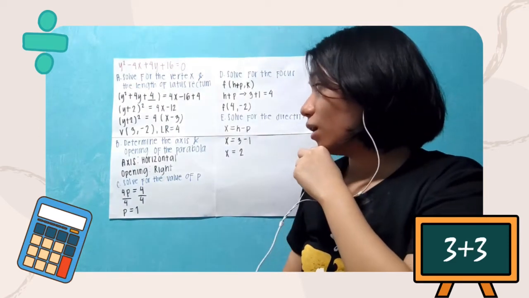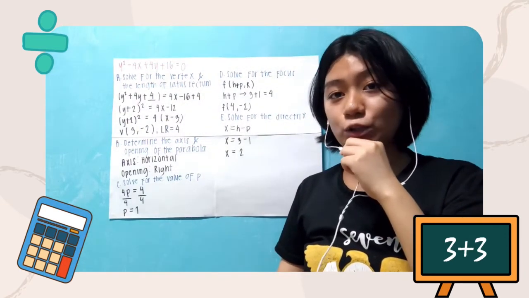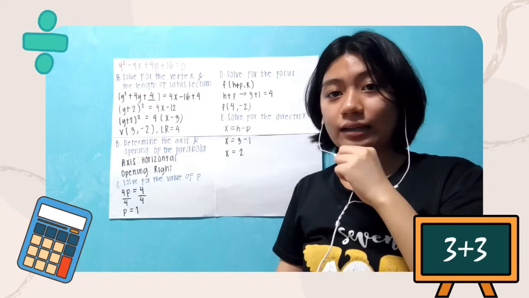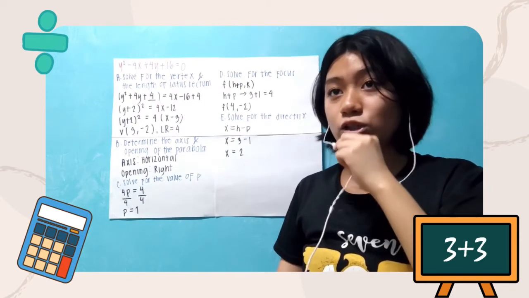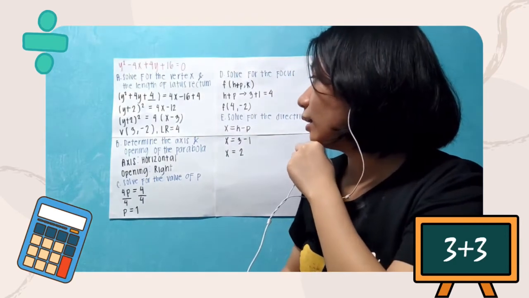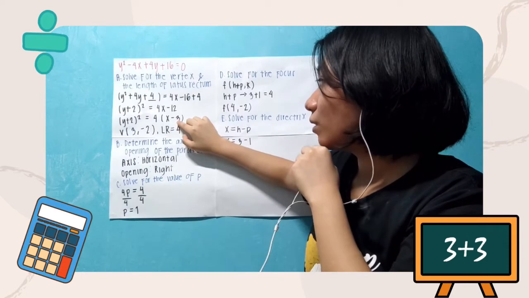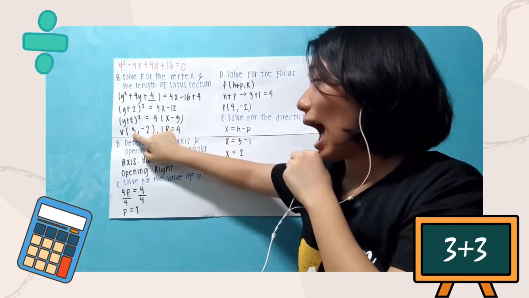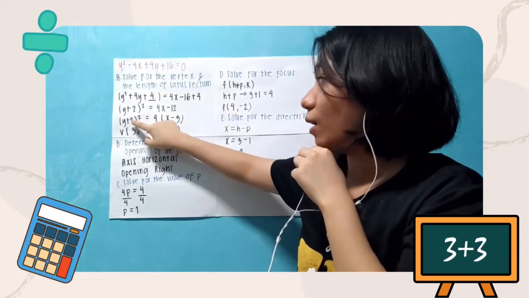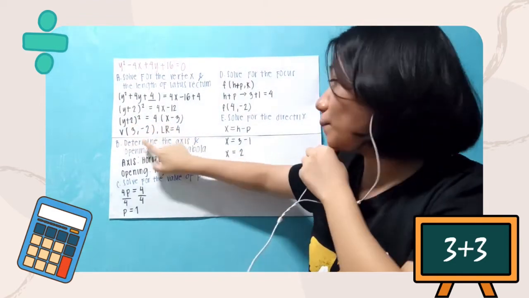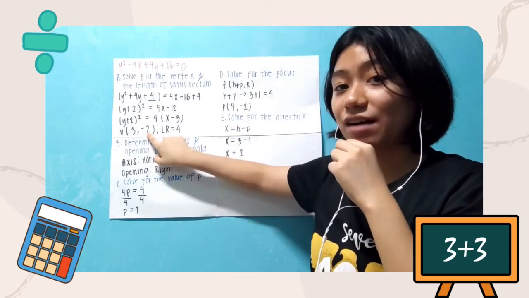Next, to find out the vertex, we just need to change the signs of the values of h and k. So the negative 3 here will become 3 as the value of h, and then the positive 2 here will become negative 2 as the value of k.